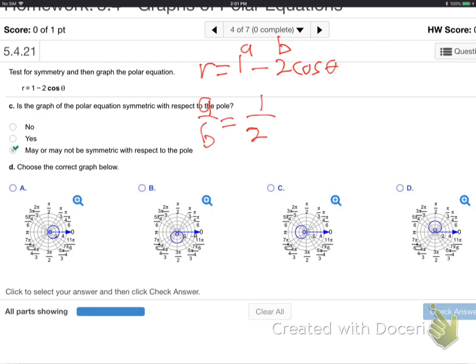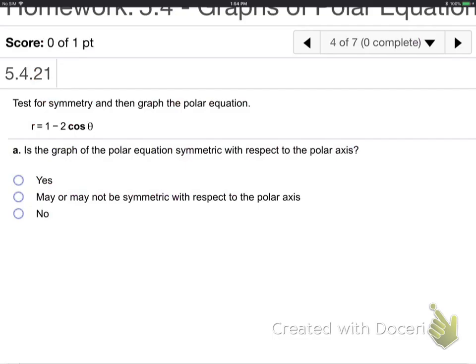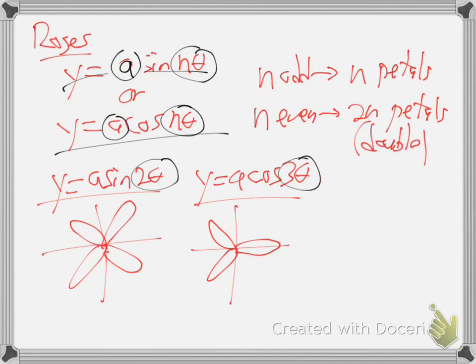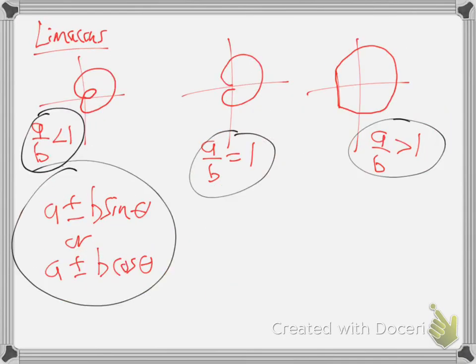Remember what we're supposed to compare to? We're supposed to say, is that A over B ratio less than 1, equal to 1, or greater than 1? We go back here as well. Remember for limaçons, there it is. For the limaçons, we test the A over B ratio. If it's less than 1, it has an inner loop. If it's equal to 1, it has a dimple.